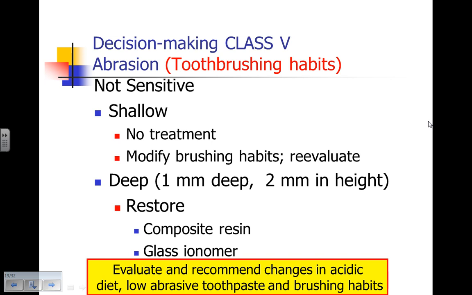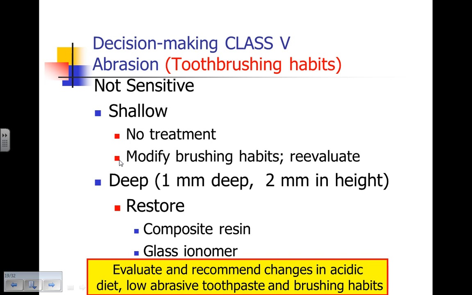When we look at these abrasion lesions, we look at the patient's toothbrushing habits, what toothpaste they're using. As we described for erosion and for abfraction, when the teeth are not sensitive and the lesions are shallow, we'll do no treatment. We'll do active surveillance. We will modify brushing habits and reevaluate. We'll make recommendations to the brushes used.